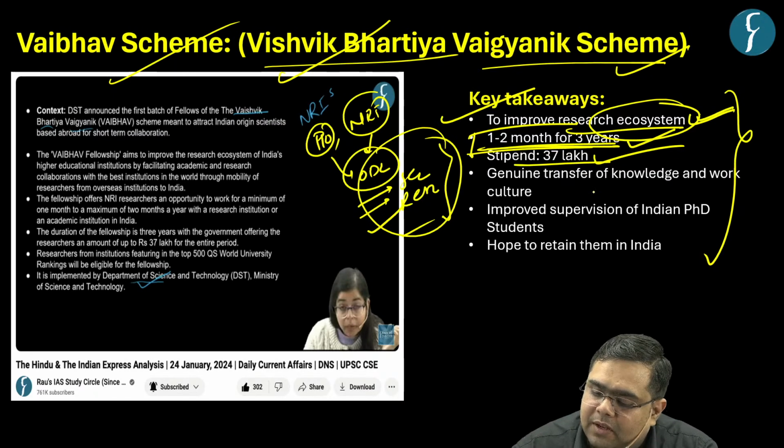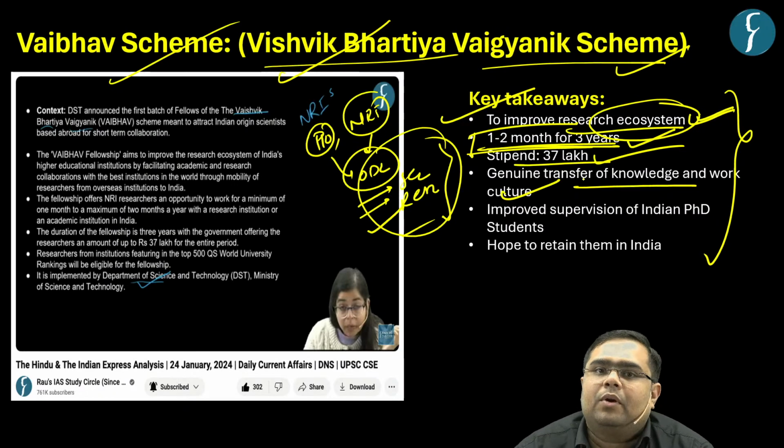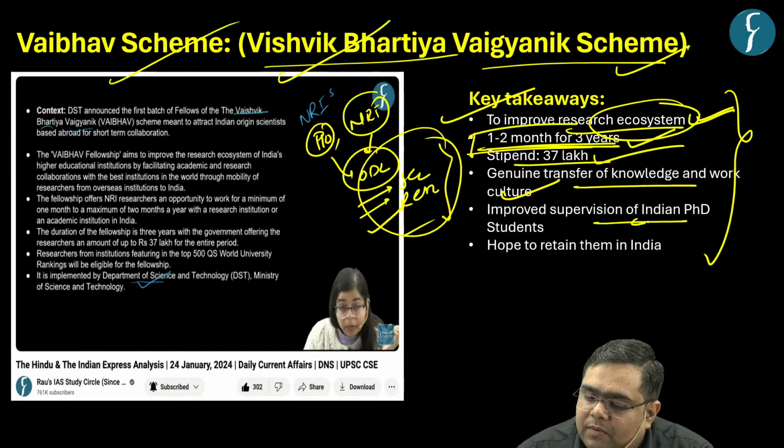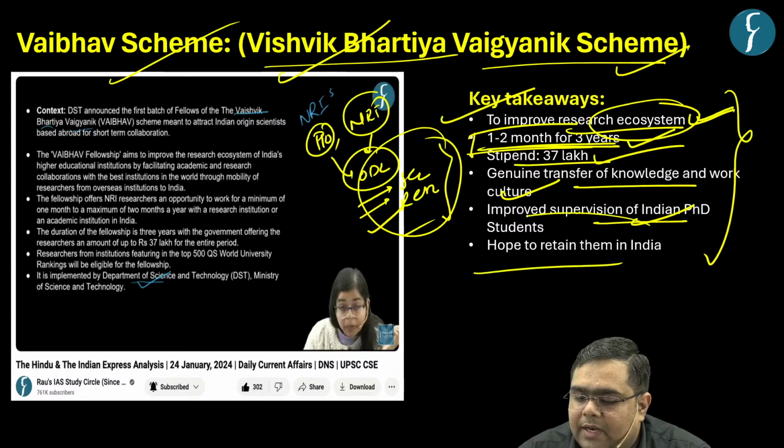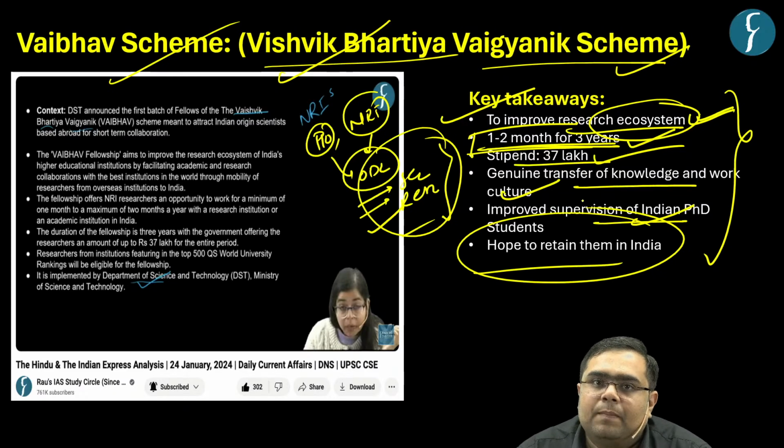The aims are further for genuine transfer of knowledge and work culture. Most important is that we lack a disciplined work culture in Indian universities and academic institutions. It would lead to improved supervision of Indian PhD students, and then the ultimate aim is to retain them in India.